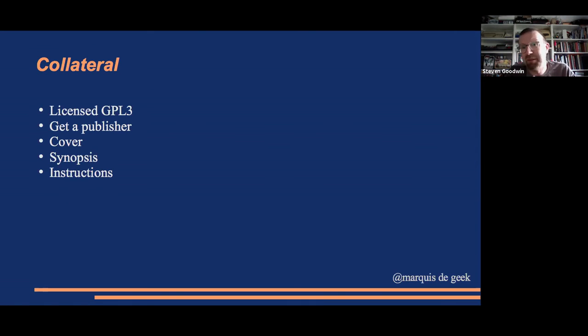Next, I figured, well, it'd be nice to get a publisher. I'd got a publisher already with the ZX Vega. They'd put it onto their machine and built it into the silicon. I figured, well, it'd be nice to do that as an actual boxed product, a cassette. I looked around at some of the publishers who still make and produce cassettes. And I wrote to one of them and said, well, I've got this Spectrum version. I know it's already been out, but if you're on a title, you're welcome to have it, put it out there.